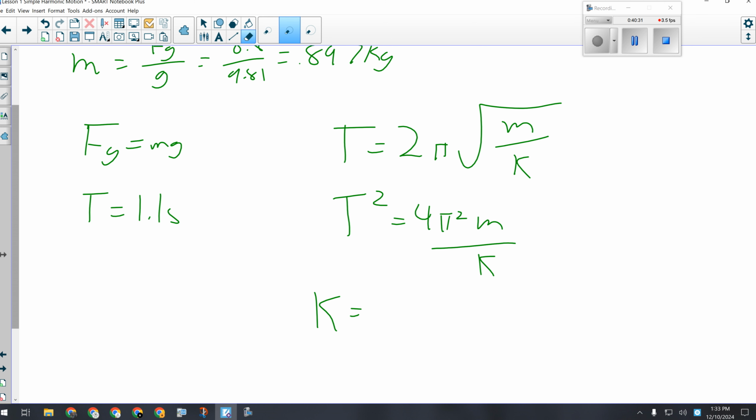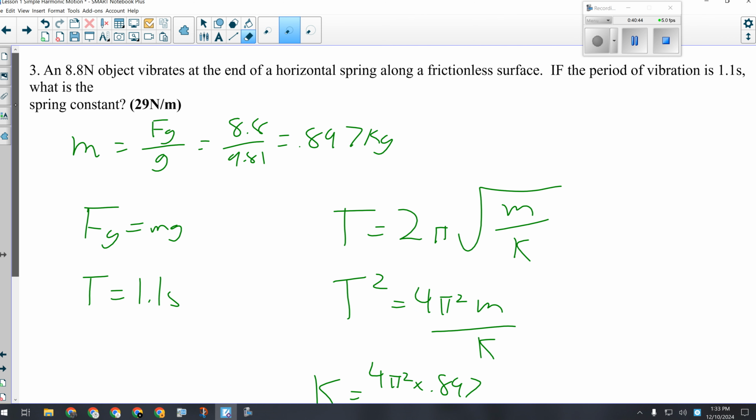So k will equal 4 pi squared times 0.897 divided by 1.1 squared. When we do that, we should end up with 29 newtons per meter. Okay, dirty trick in that one, giving you the weight instead of the mass. Any other ones?